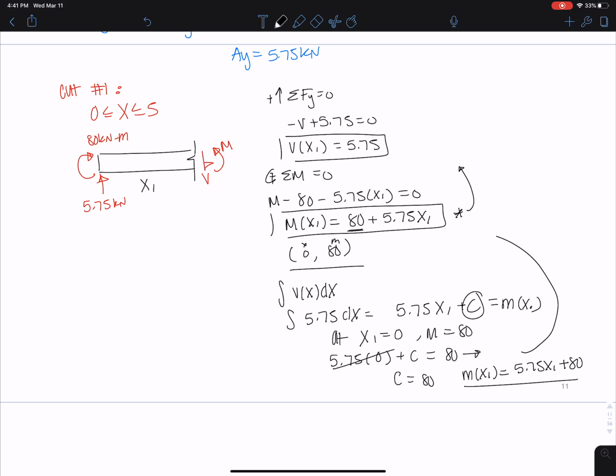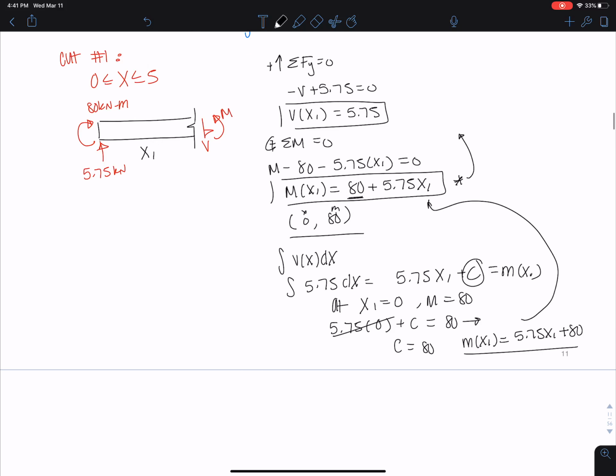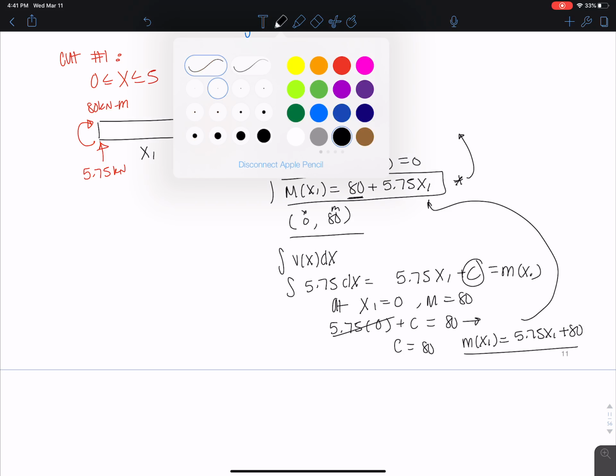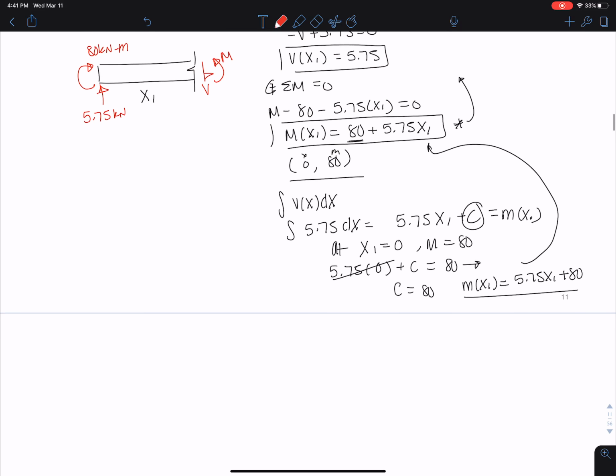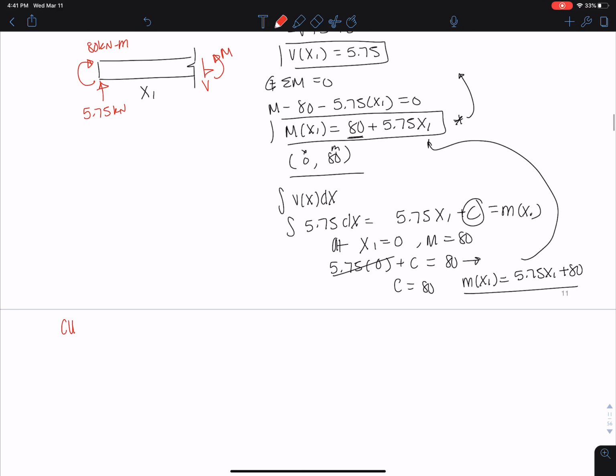Look how cool that is. Same function. Okay, so these are all the little checks you can do to make sure that you're summing your forces and your moments right, and that your statics is good, and you're doing everything correctly, okay? Okay, let's move on to cut number 2. So now I just have to cut somewhere in that distributed load.